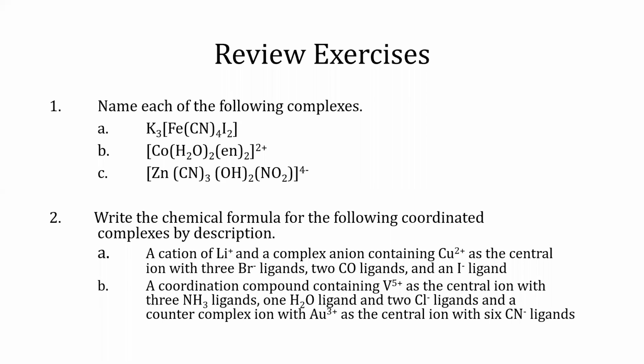B. A coordination compound containing Pt4+ as the central ion with 3 NH3 ligands, 1 H2O ligand, and 2 Cl- ligands, and a counter complex ion with Au3+ as the central ion with 6 CN- ligands.